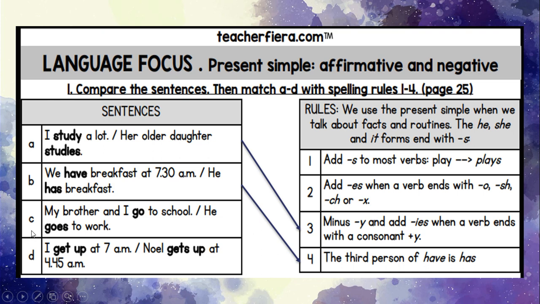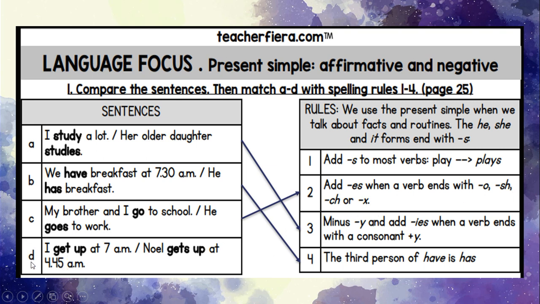Next one, C. My brother and I go to school. He goes to work. So, which one? That's right. Number 2. Add es when a verb ends with o, sh, ch, or x.